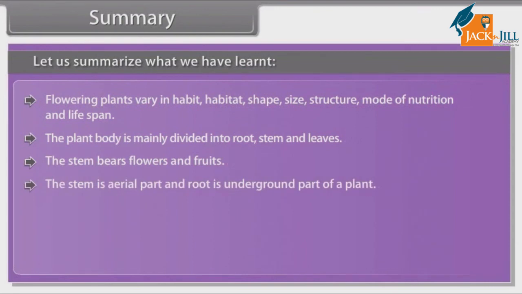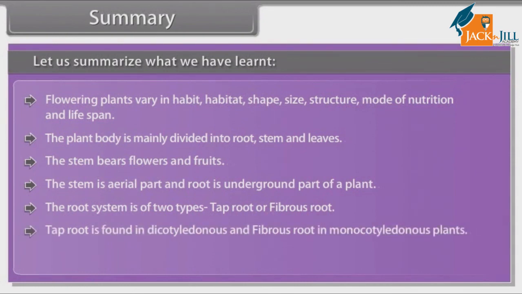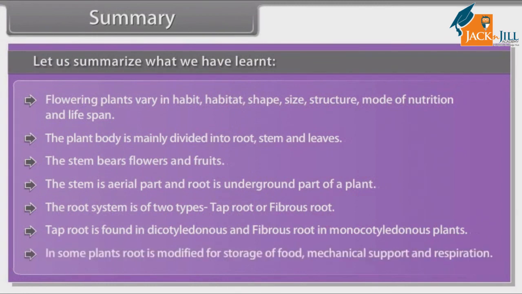The stem is the aerial part and root is the underground part of a plant. The root system is of two types: taproot or fibrous root. Taproot is found in dicotyledonous and fibrous root in monocotyledonous plants. In some plants, root is modified for storage of food, mechanical support and respiration.